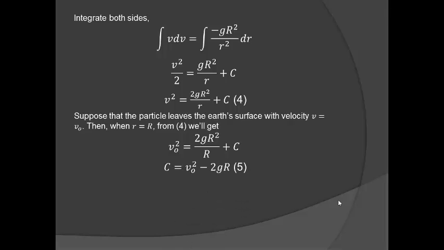So c now is equal to vo squared minus 2g radius of the earth. Substituting equation 5 to equation 4, we get v squared is equal to 2g radius of the earth squared all over r plus vo squared minus 2gr.